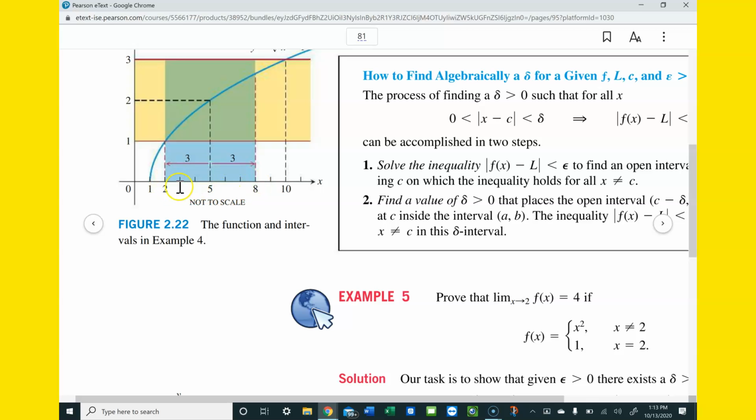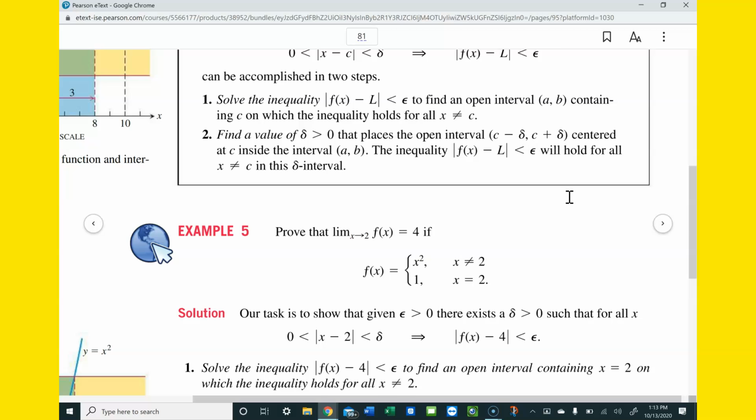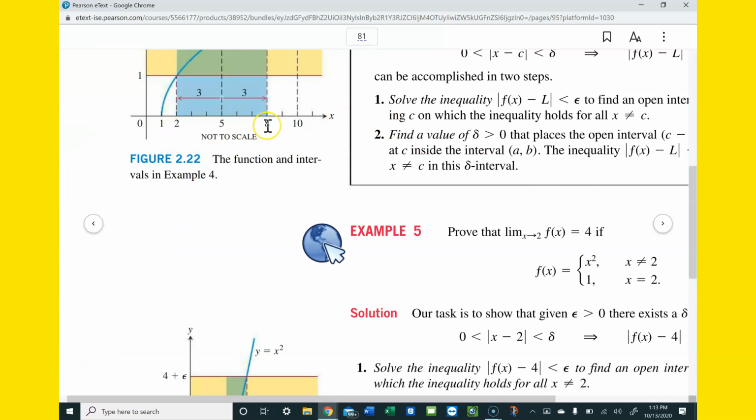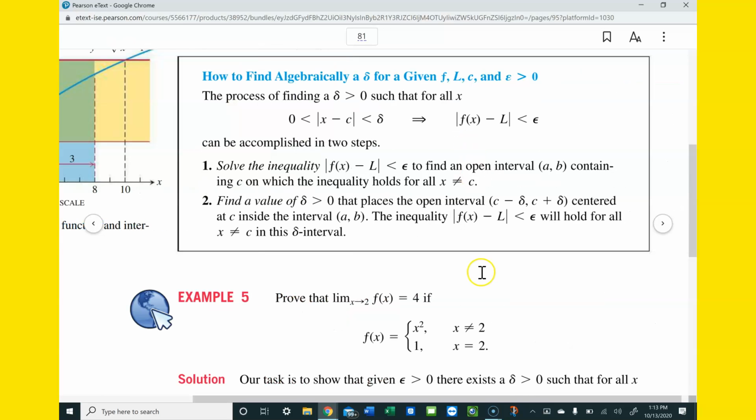So it's centered at 5 and it's based on the closer endpoint of 2, so that we're now 3 away from 5 on both sides. So the delta is 3. So x between 2 and 8 will make y be between 1 and 3.